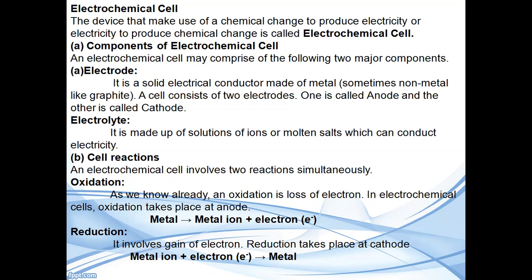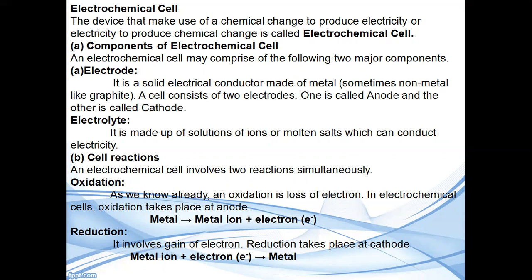So in electrochemical cells, oxidation takes place at the anode. Because of loss of electrons, the atom has a positive charge. So the anode is positive charge, cathode is negative charge. Oxidation is nothing but a loss of electrons.